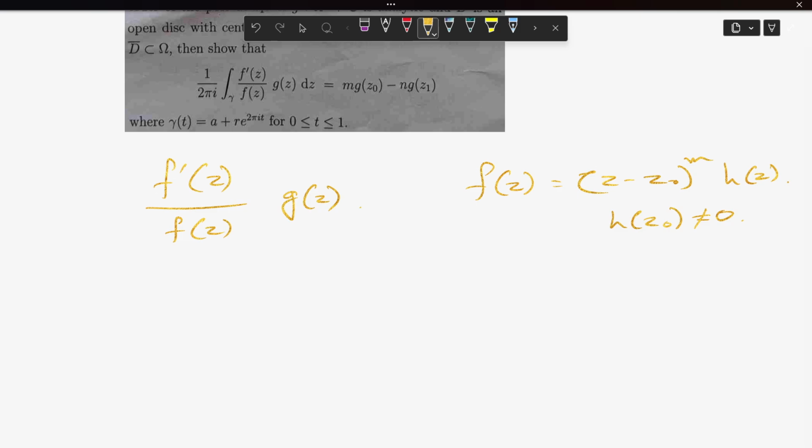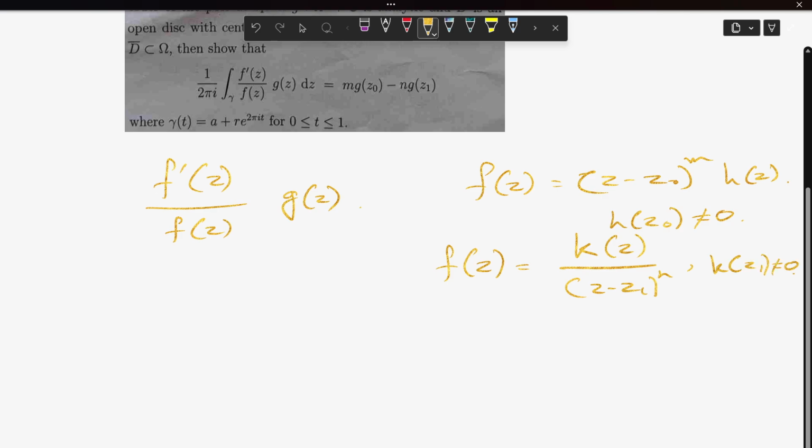Near z1, f will look like k z by z minus z1 to the power n, where k is analytic and k of z1 is also not equal to 0.